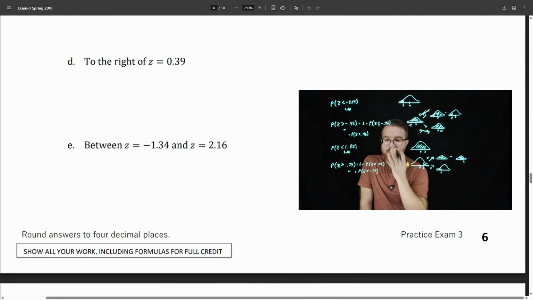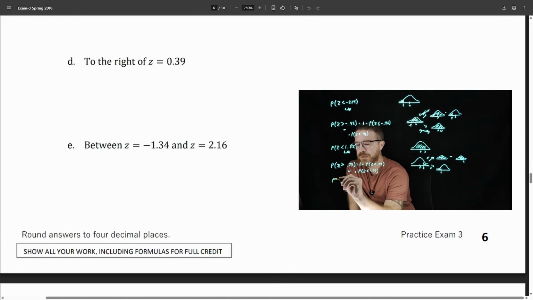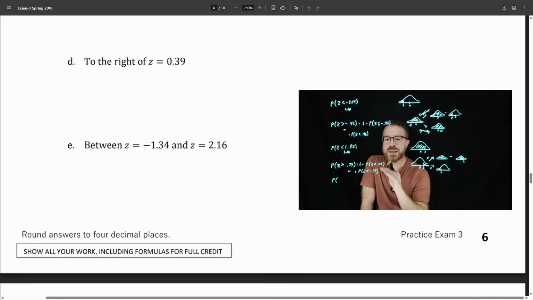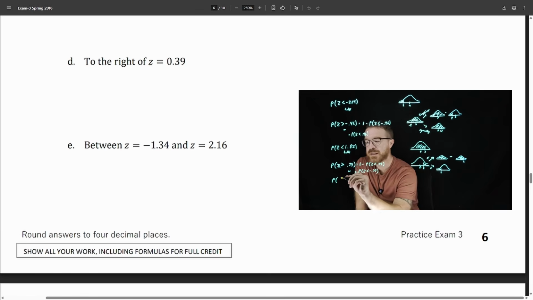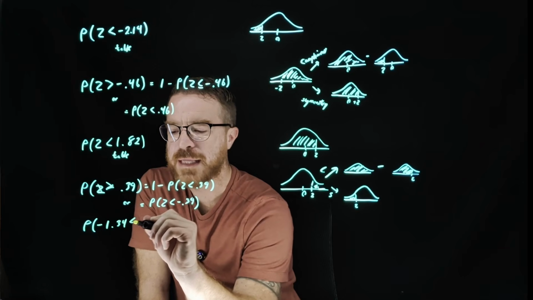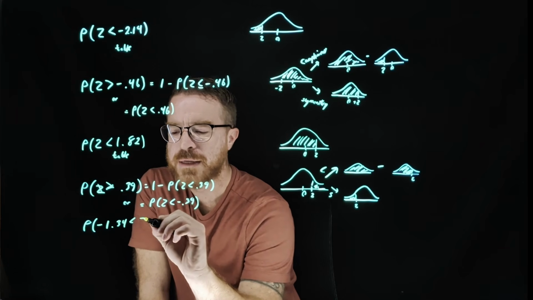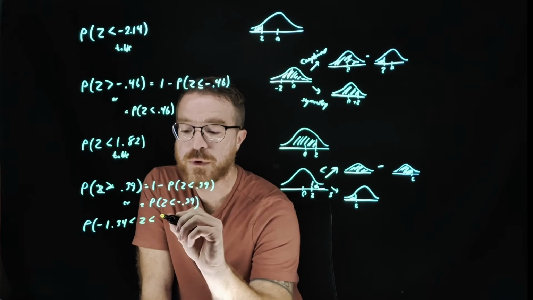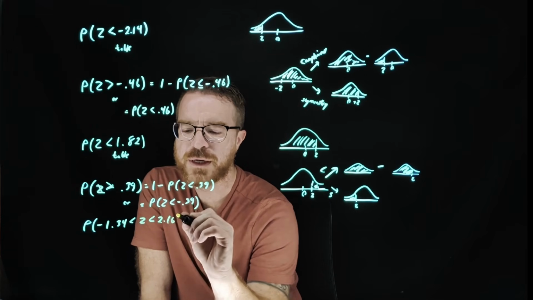And then our last one, we have the probability of z between negative 1.34 and 2.16. So we'd say negative 1.34 is less than or equal to z, which is less than or equal to 2.16.